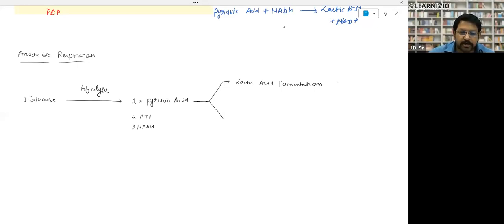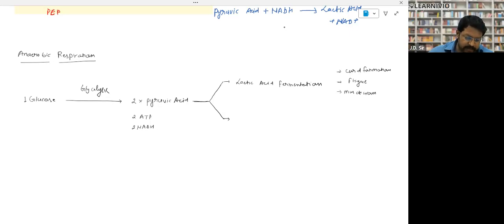You know that during the time of fatigue, fatigue means muscle cramp, the same process will take place. Also curd formation. And in lactic acid formation, it takes place with the help of bacteria, basically lactobacillus bacteria. You know that are responsible for curd making, right?